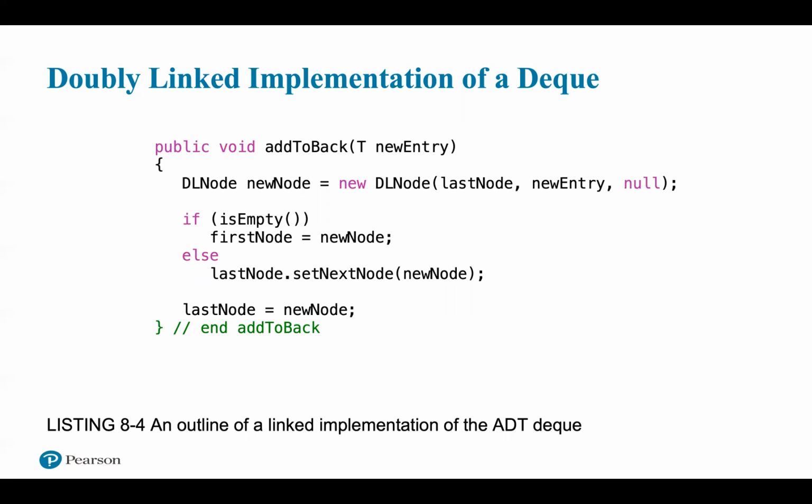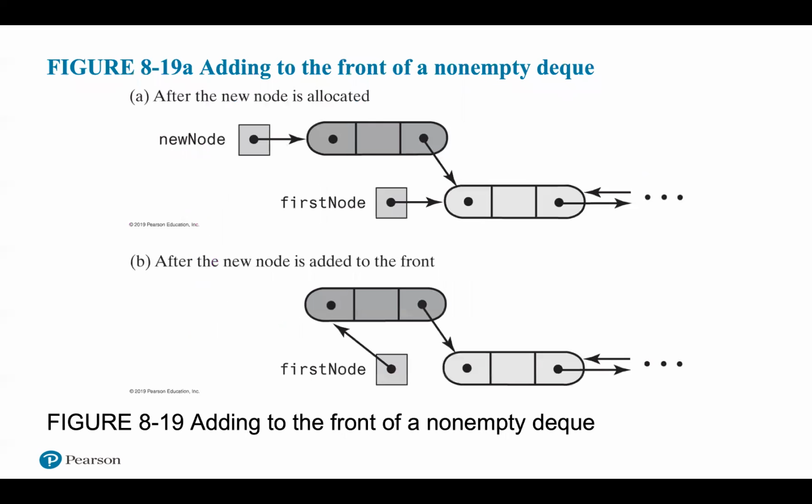When adding a node to the beginning of a doubly linked chain, we must make the chain's current first node reference the new node by passing the data field firstNode to the node constructor. Here in the figure, we're illustrating the addition of a new node to the front of a chain that is not empty. You can compare the definition for addToFront with the one just given for addToBack.